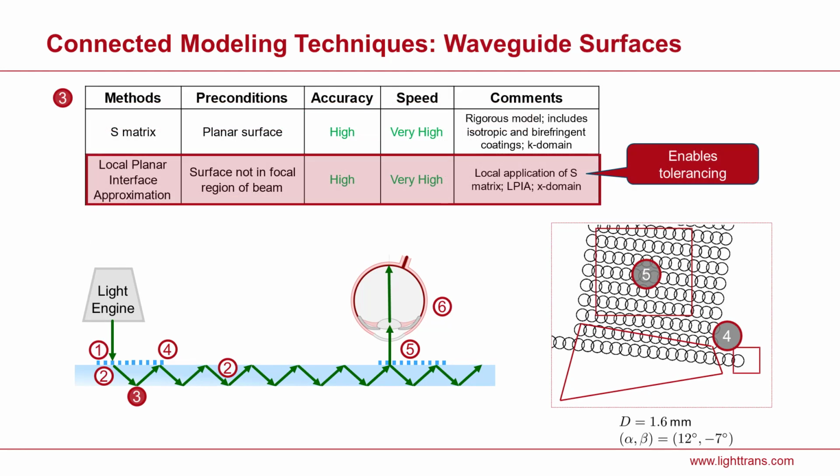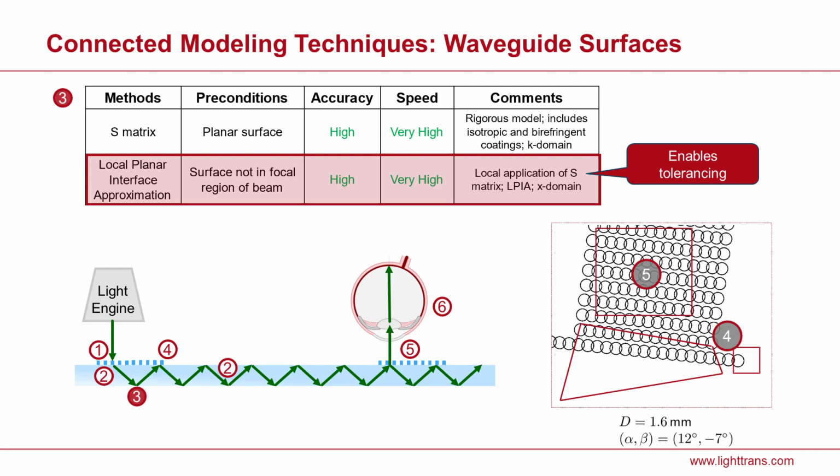Finally, for the surfaces of a waveguide, we can choose between an S-matrix approach, which assumes ideally plane surfaces, or the local plane interface approximation, or LPIA, which is a local application of the same.